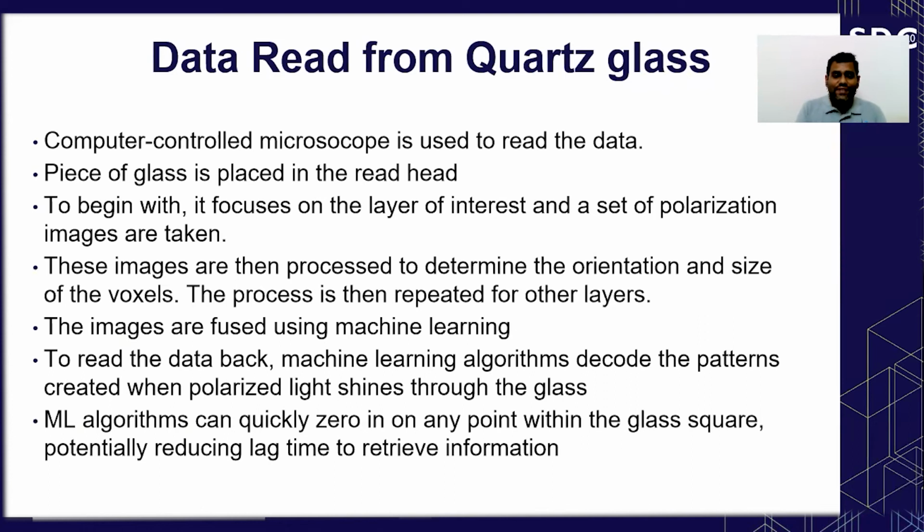The process is then repeated for other layers, and all these images are fused using machine learning. To read the data back, machine learning algorithms decode the patterns created when polarized light shines through the glass.